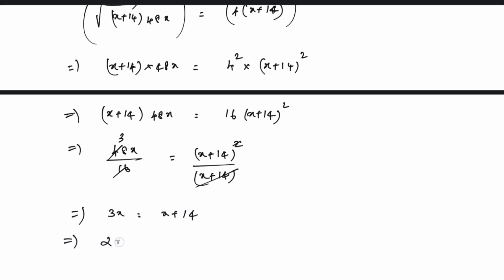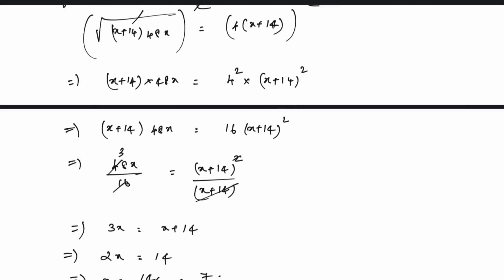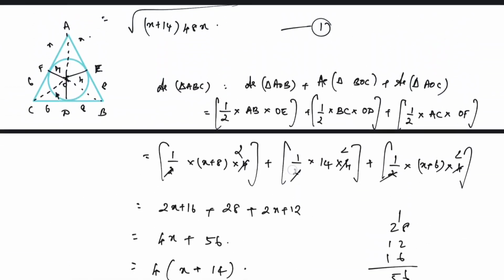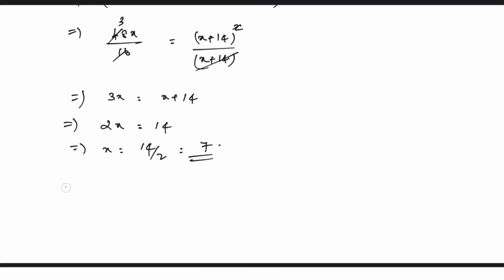On further simplifying, we get 2x is equal to 14 and x is equal to 14 by 2, that is 7. Substituting the values in sides AB and AC, AB is written as x plus 8, that is 7 plus 8 is equal to 15 centimeter. Similarly, AC is written as x plus 6, that is 7 plus 6, which is 13 centimeter.